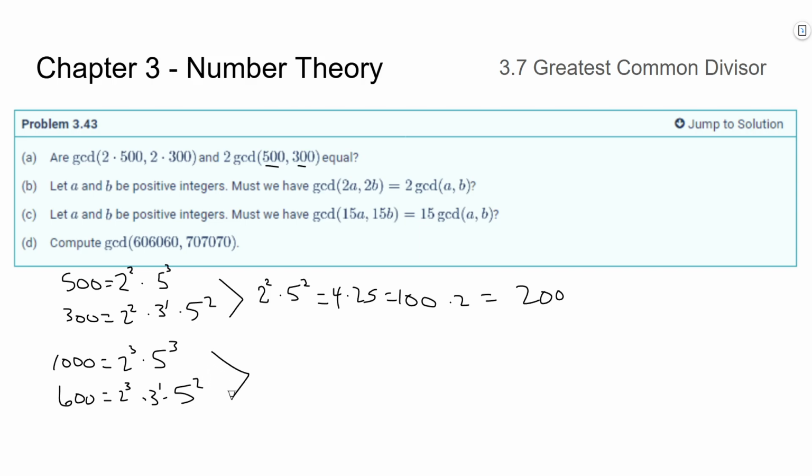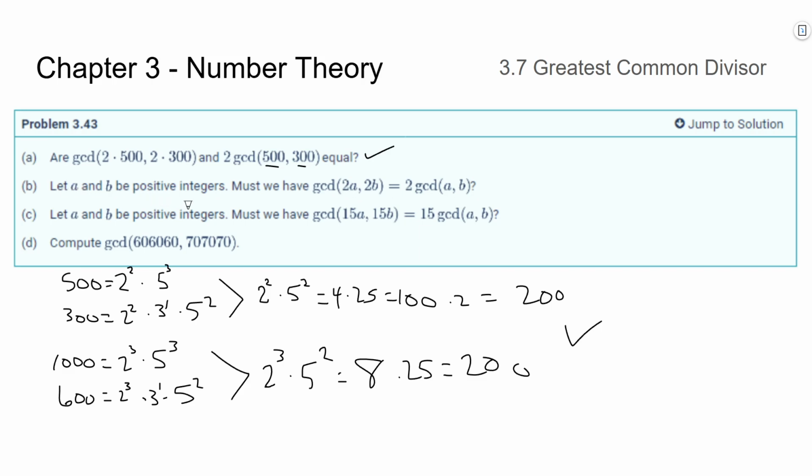So then what do these have in common? We have 2 cubed now, still no common 3's, and 5 squared. So this one is going to be 8 times 25, which would be 200. All right, so these are the same, so that checks out. They are equal.